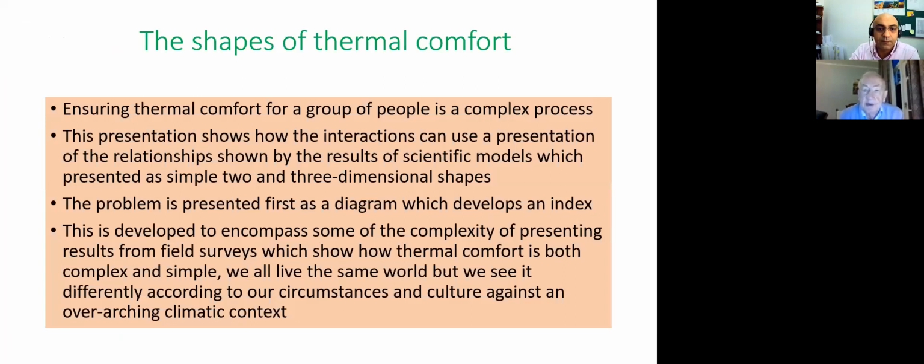It started with scientific models which used the theory of physics and physiology to show how you can make an index of comfort, and people have been able to do it in terms of a graphical presentation.